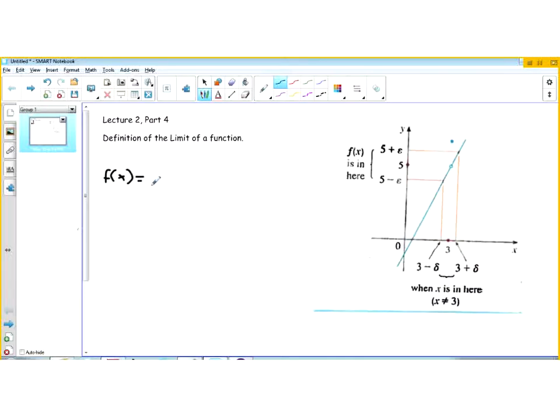So I have f of x is equal to, piecewise defined now, so it's a multi-part, it's equal to 2x minus 1 if x is not 3. And it's equal to 6 if x equals 3.